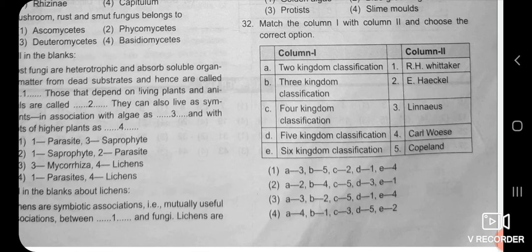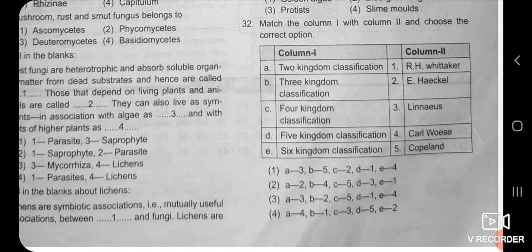So students, in today's lecture we have discussed 32 MCQs from the topic biological classification. But again, I would like to tell you that this is not a complicated topic. You have to revise it a number of times, because the most challenging part of biological classification is the 5 kingdoms: Monera, Protista, fungi, plantae, animalia.